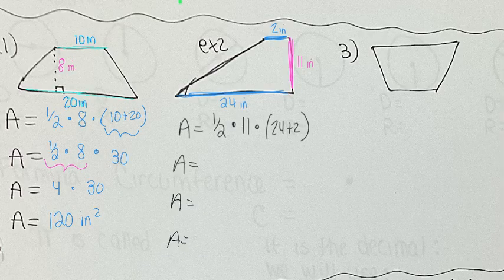Okay, see if you can write the next line before I write it. We're going to do the parentheses first and get a 26. Rewrite everything else. Okay, we have options. Do we want to do half of 11? Do we want to do half of 26? Or do we want to do 11 times 26? I think I'll take half of 26.